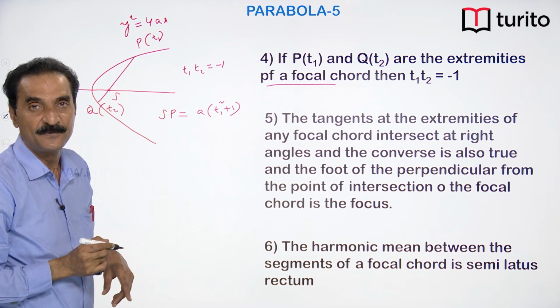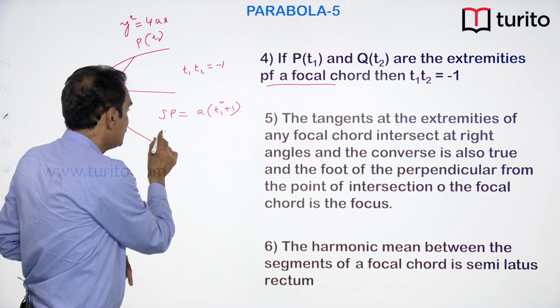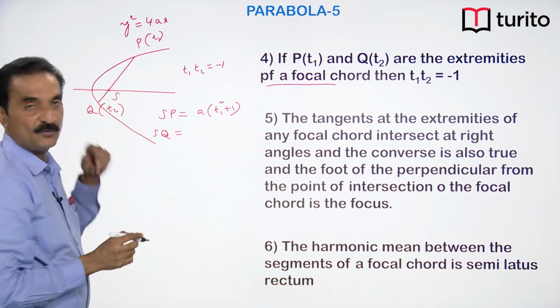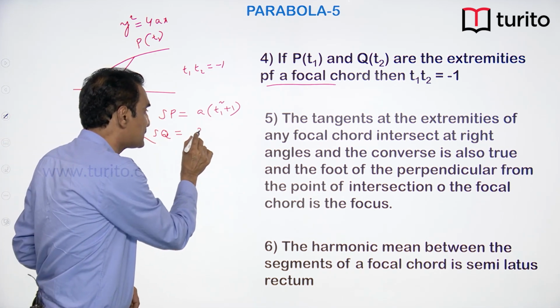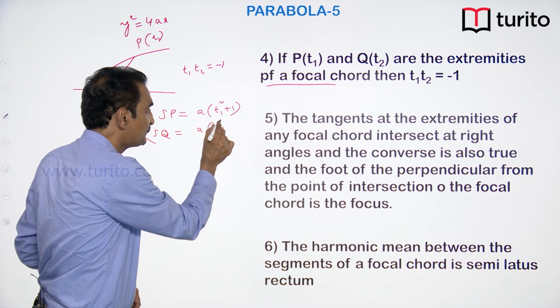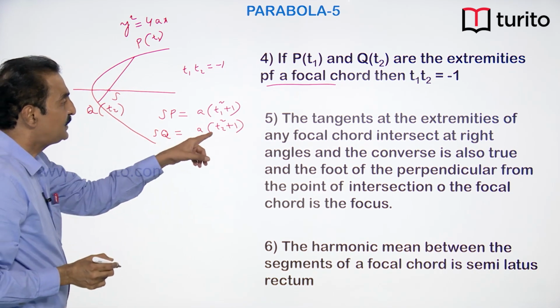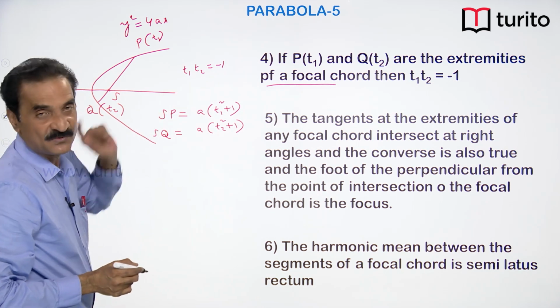Similarly, SQ will be a(t2² + 1). Now, t2 can be written as -1 by t1.